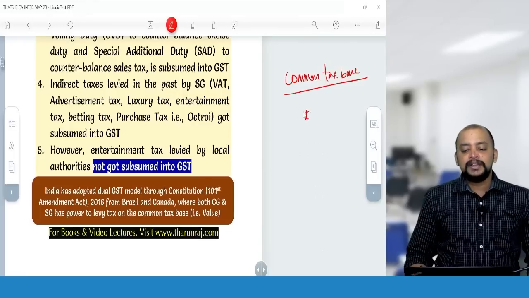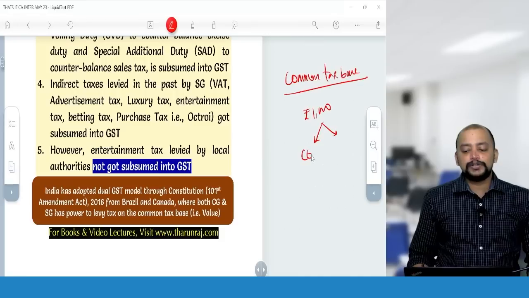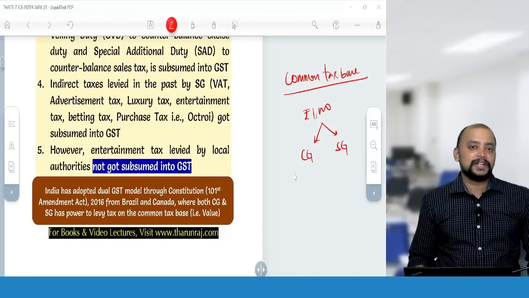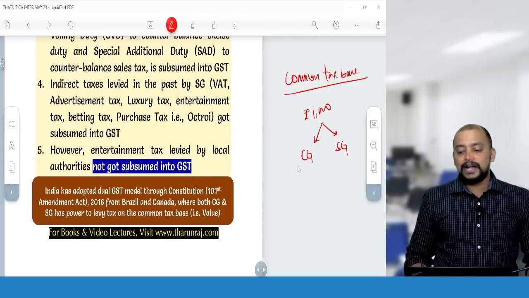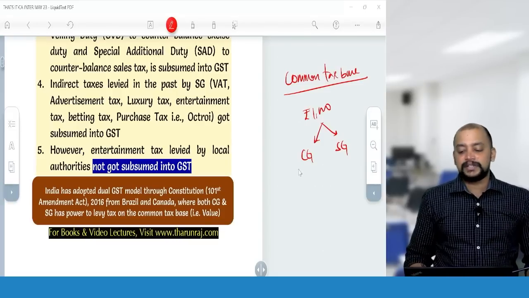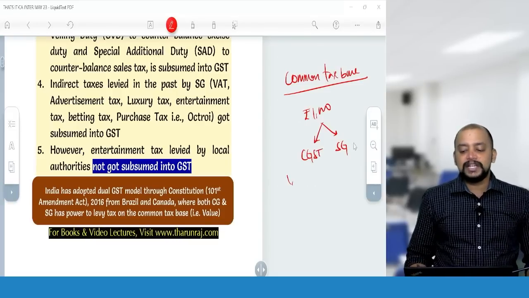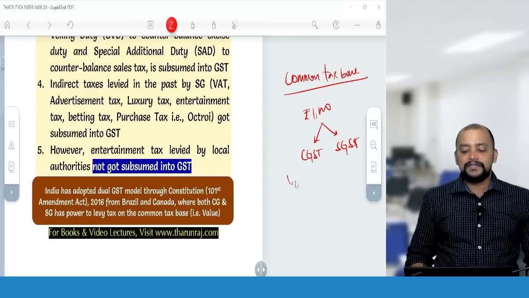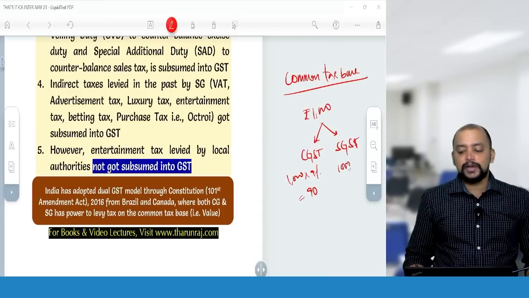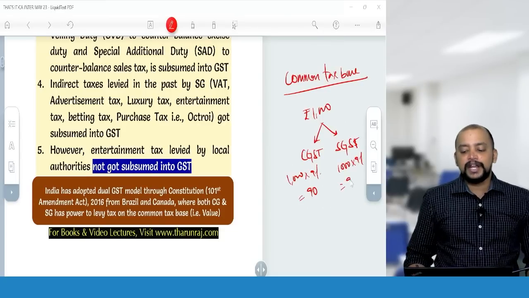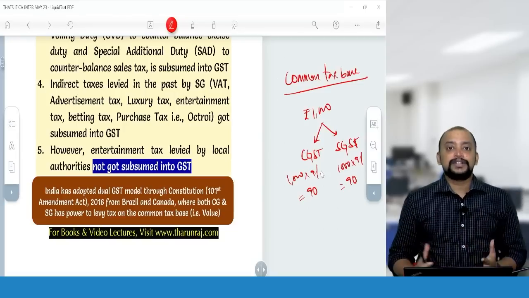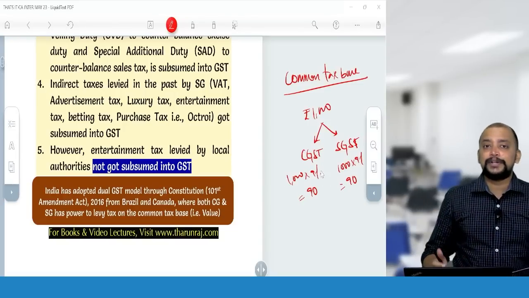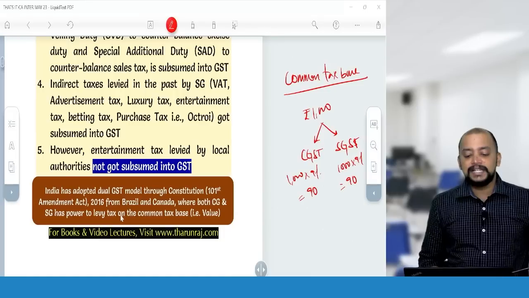For example, if 1000 rupees is the common tax base, on this the central government will levy GST and the state government also levies GST, and say the rate is 9% each. So CGST and SGST will be levied. 1000 into 9%, that is 90 rupees, will be CGST, and 1000 into 9%, 90 rupees, will be SGST. So this is the dual GST model.